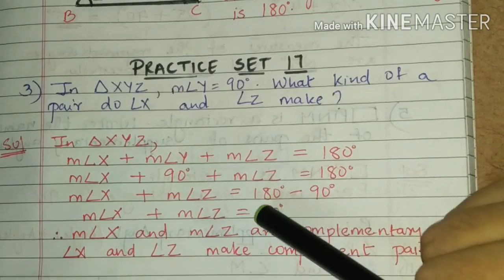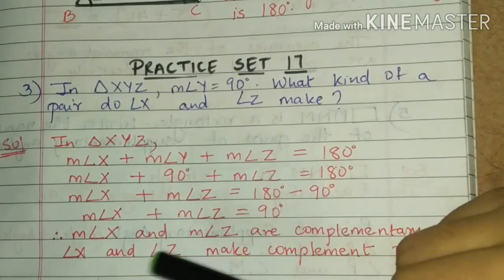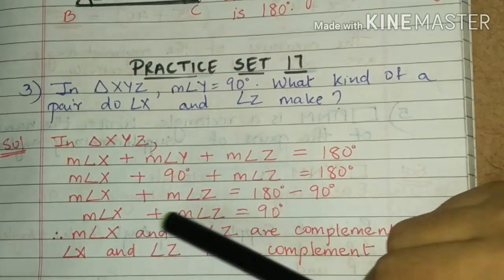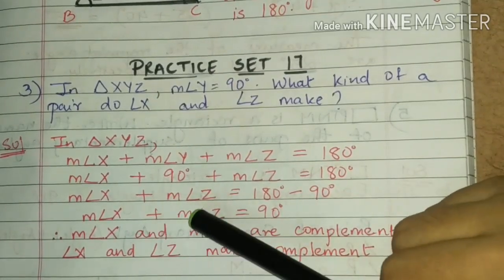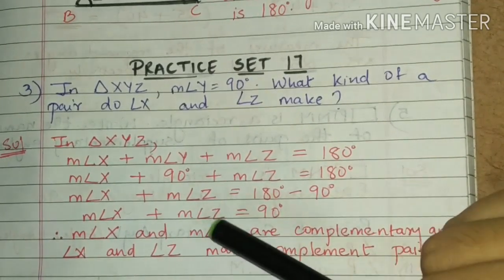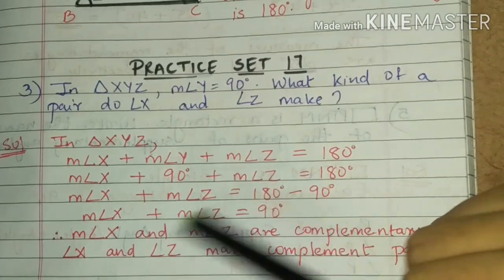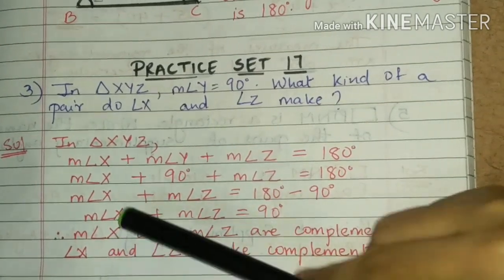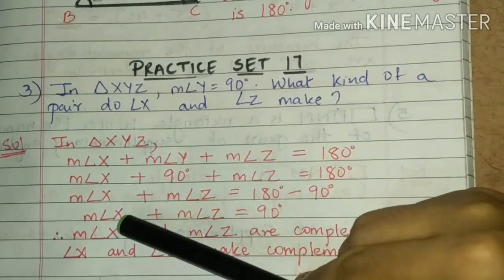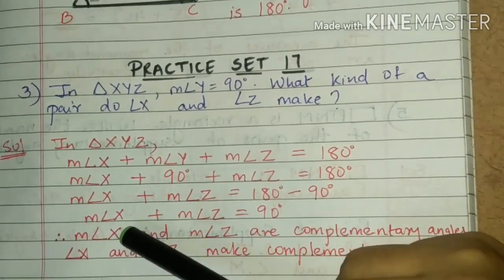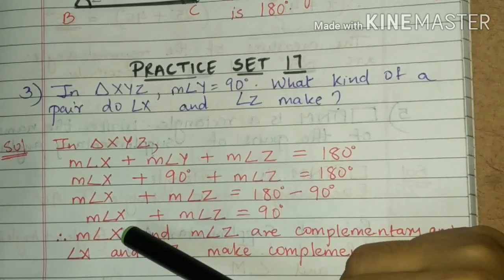And you have learned that if the sum of the measure of two angles is 90, then those two angles make which pair? Yes, complementary pair. If angle 1 plus angle 2 equals 90, then these two angles form a complementary pair.